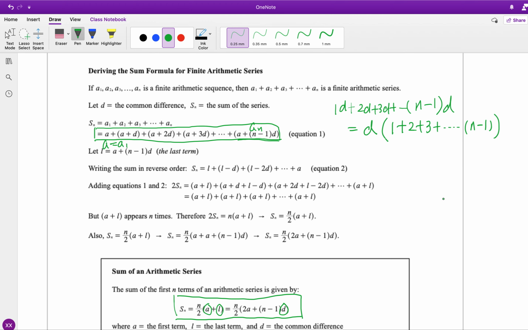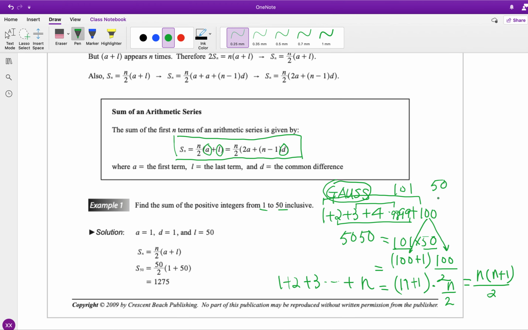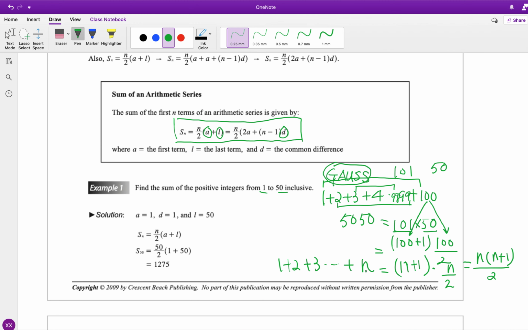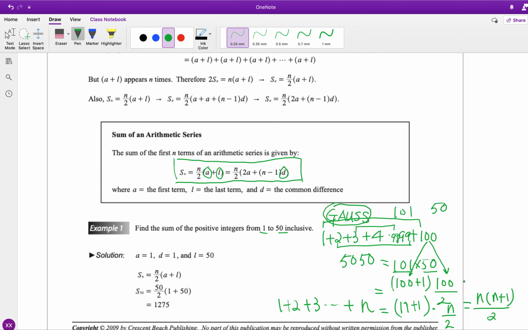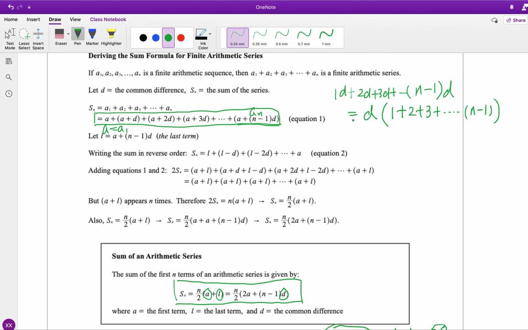All right? Now going back here, all the way to n is this one, so all the way to n minus 1 will be n minus 1 times n minus 1 plus 1, divided by 2.